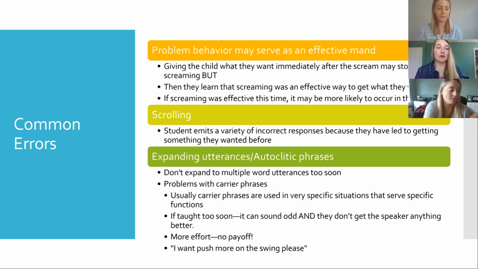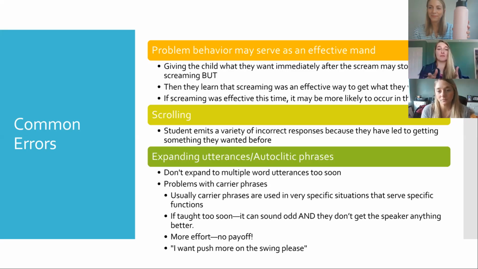Another thing that we sometimes see is scrolling. This will look like, I'll hold up a water bottle and you can scroll. Perfect. This is when a student says a variety of incorrect responses. So I want the water, and I'm going to go candy, hat, book, water.